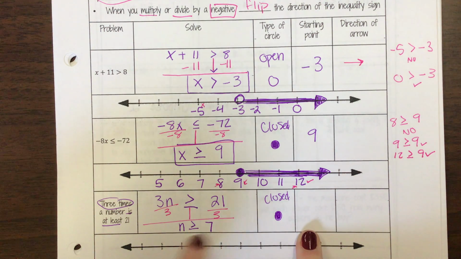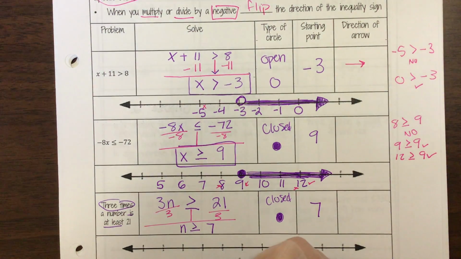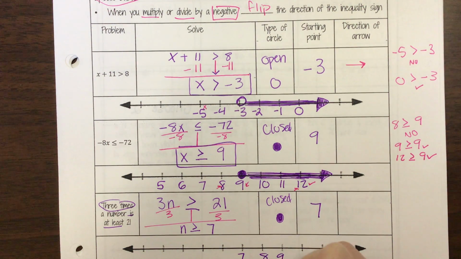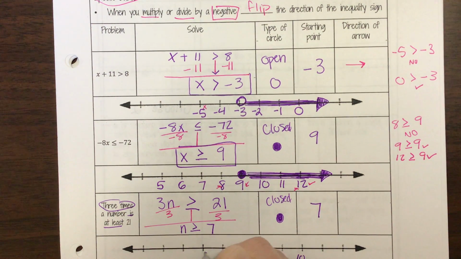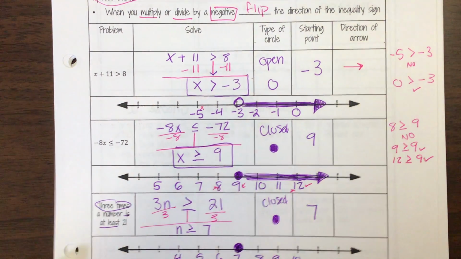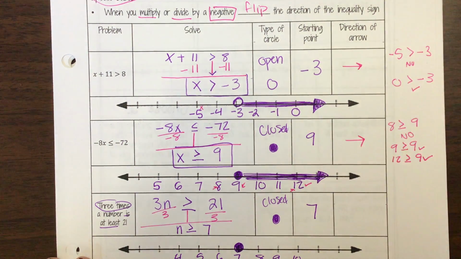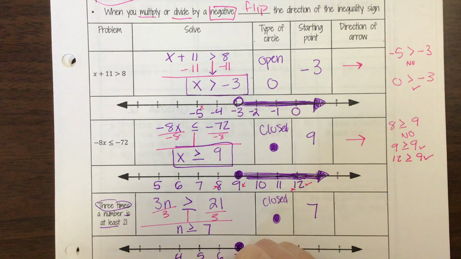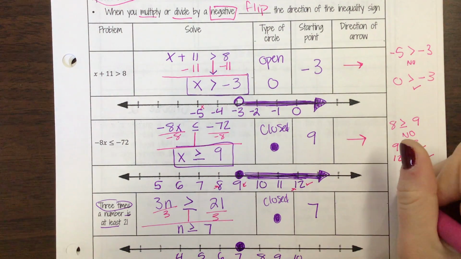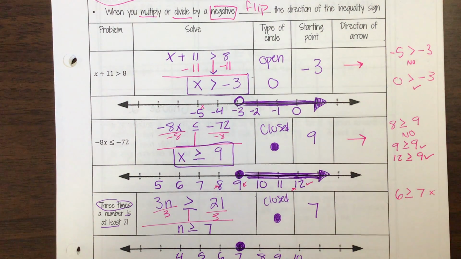Okay. Our starting point is going to be 7. So let's go ahead and graph that. So on 7, it's a closed circle. Okay. Then I'm going to pick some test points. Let's choose 6 and 8. How about that? So is 6 greater than or equal to 7? Nope.